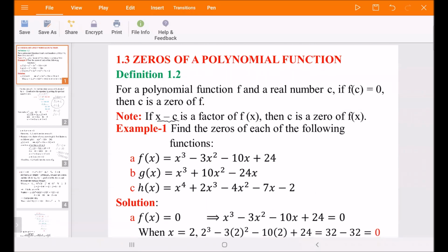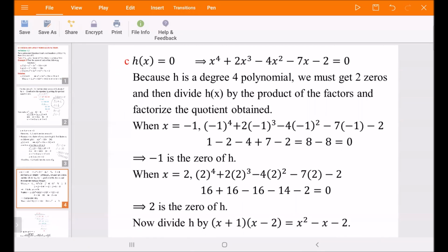That means h of x equal to 0: x to the power of 4 plus 2x cubed minus 4x squared minus 7x minus 2 equal to 0. Because h is a degree 4 polynomial, we must get 2 zeros and then divide h of x by the product of the factors and factorize the quotient obtained.